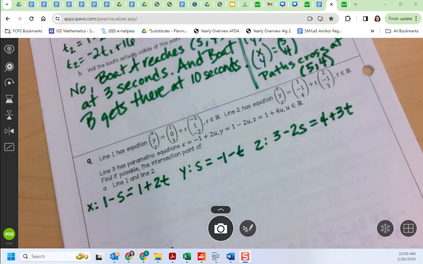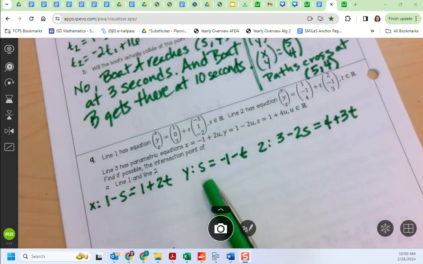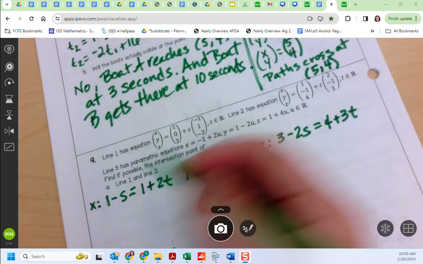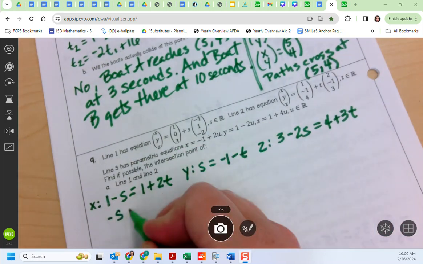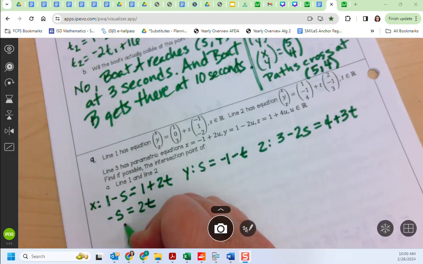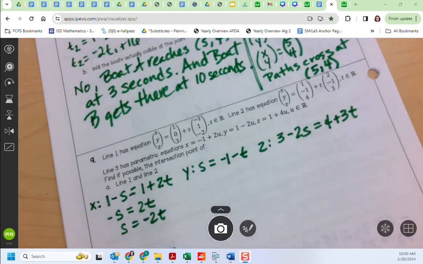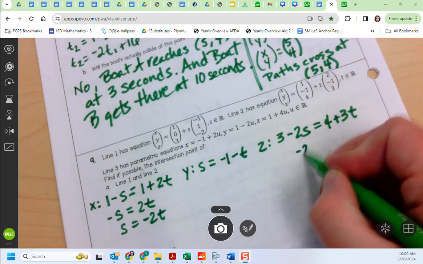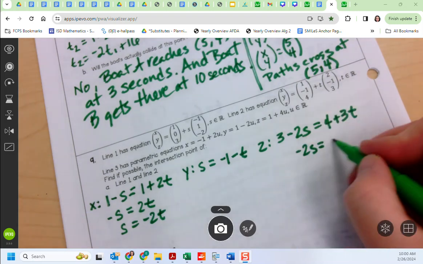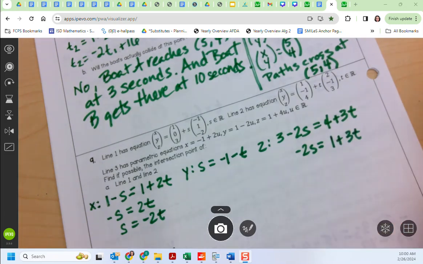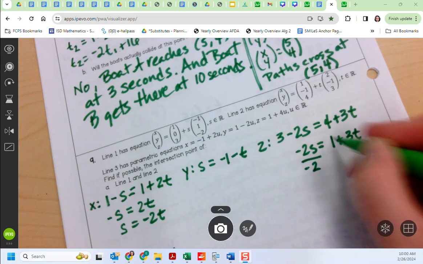All right, and I think I'm going to solve these for s, because I already have this s by itself. So for this one, I'll start by subtracting the 1. So negative s equals 2t, and then positive s equals negative 2t. And then this one here, negative 2s, I'm going to subtract the 3, so I get 1 plus 3t, and then divide by negative 2.